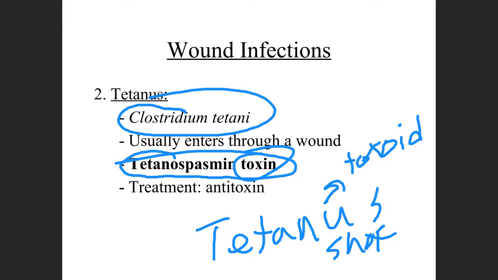And let's say that it's been a while since you had your tetanus shot and you got infected with the bacteria. As part of the treatment, in addition to getting antibiotics to kill the bacteria, you also have to get an antitoxin. And the antitoxin are antibodies against the toxin. All right, so you have to do that too.